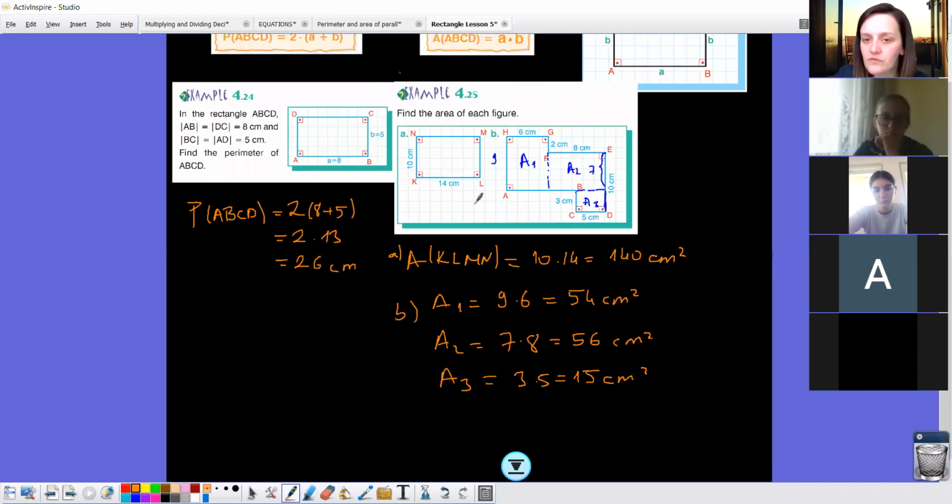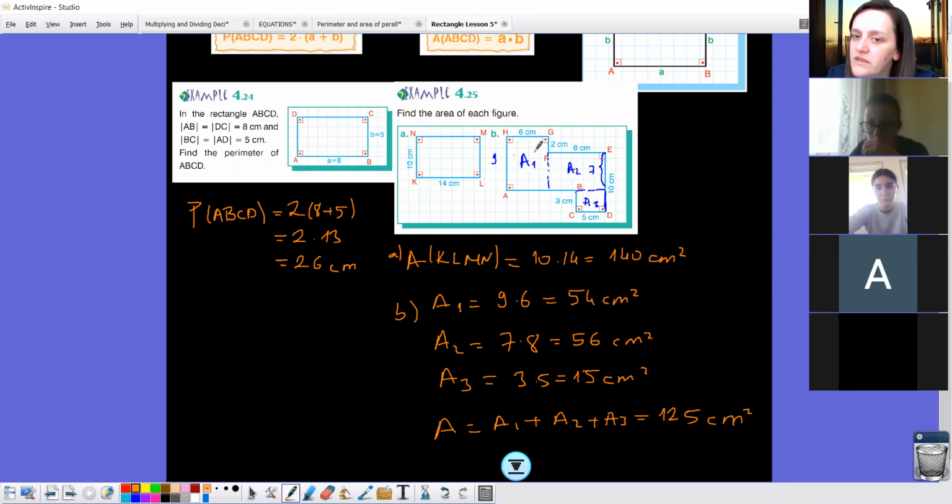So the area of this shape will be A1 plus A2 plus A3, which is 110 plus 15, 125 centimeters square. I chose to divide this figure like this. You can choose, for example, to continue this side like this, it's up to you, but you will have the same result at the end.